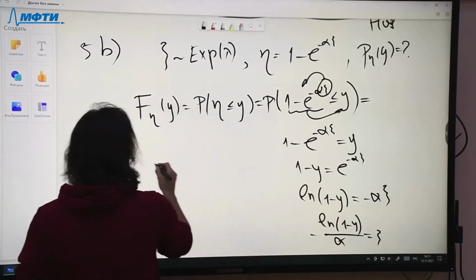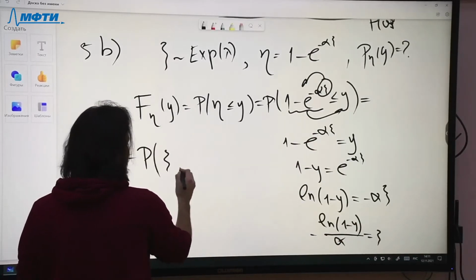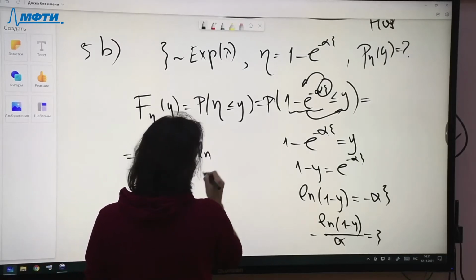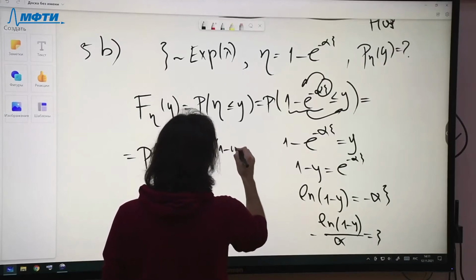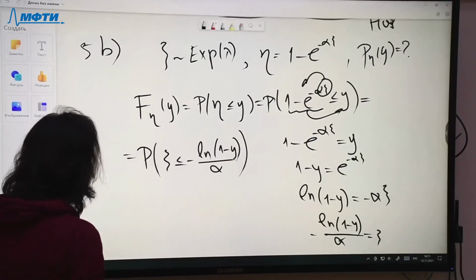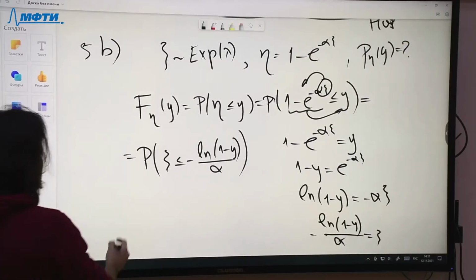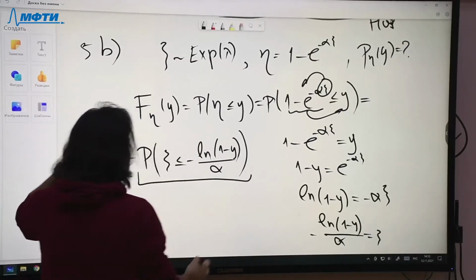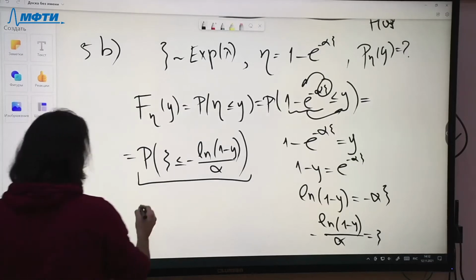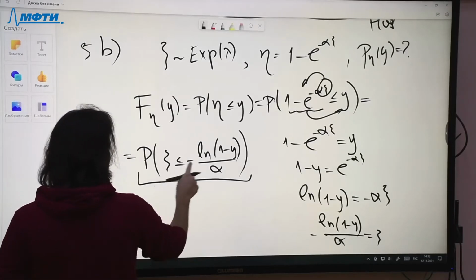So this is equal to the probability that xi is less or equal than minus ln of 1 minus y over lambda, right? And now what is this? This is just the CDF of xi at this point.